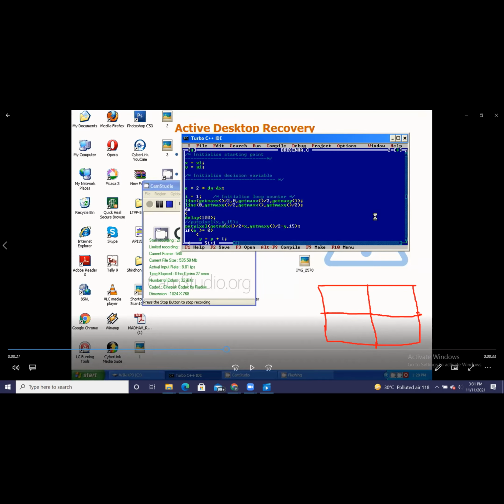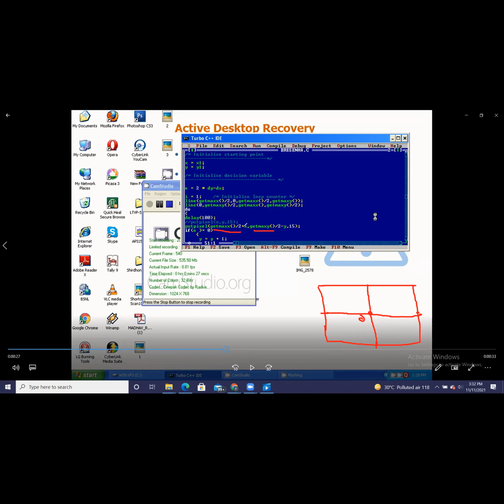And putpixel is nothing but maximum x by 2 and maximum y by 2. So this is your origin point, right? This is the modification, getmaxx by 2 and getmaxy by 2. Earlier we were printing only the x, y values. But here we are printing getmaxx by 2 plus x and getmaxy by 2 minus y, because I want to use this as the origin.